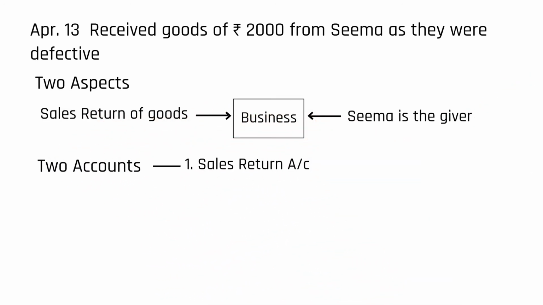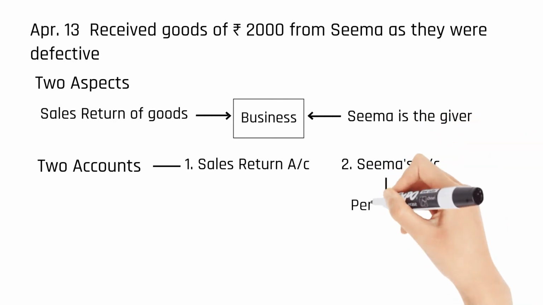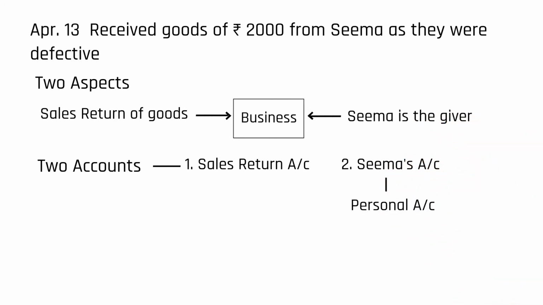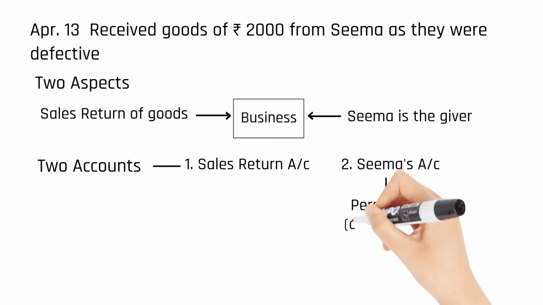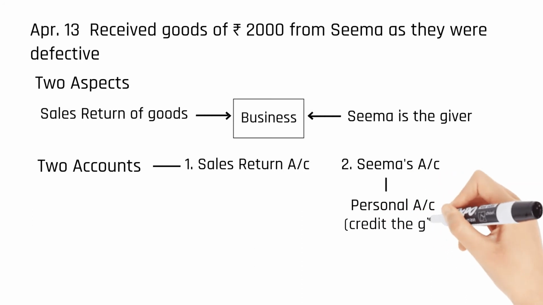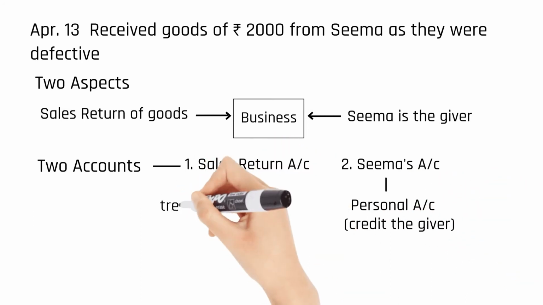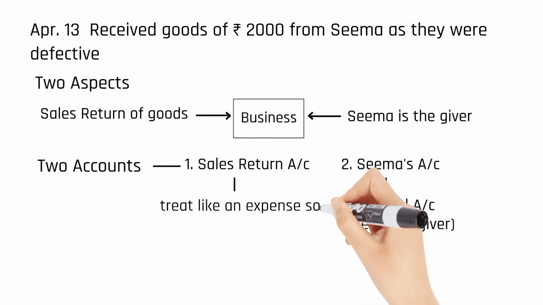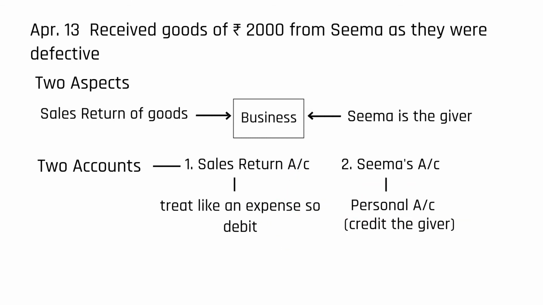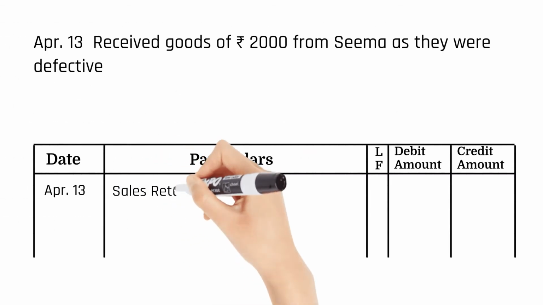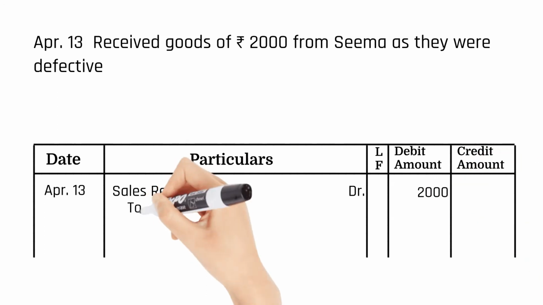Seema's account is personal account while sales return account is considered as opposite to sales. Sales is an income and sales return reduces the income. Here Seema is the giver and sales return can be treated similar to expense. So the entry becomes sales return account debit to Seema's account for 2,000, being goods returned by Seema.